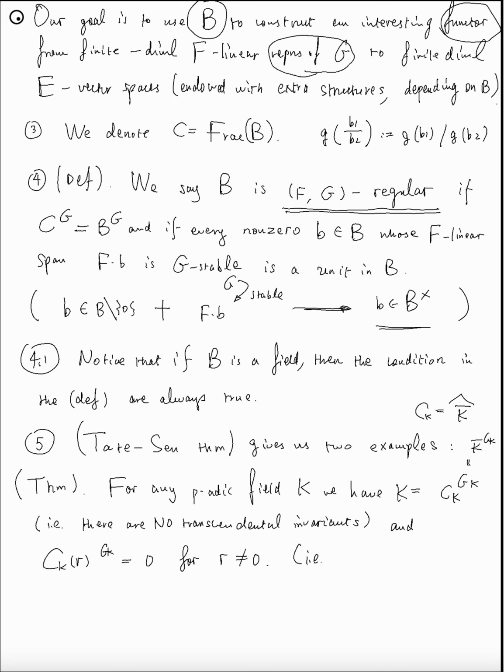In other words, if small x is in C_K and g(x) equals the Tate twist by chi^r(g) x for all g in G_K, then this x must be 0.